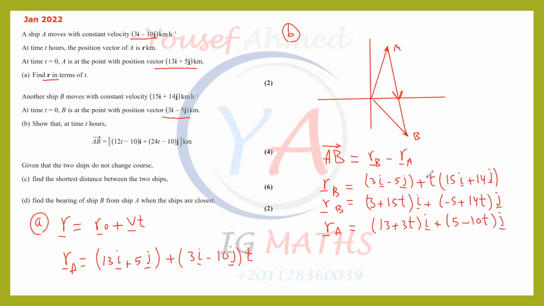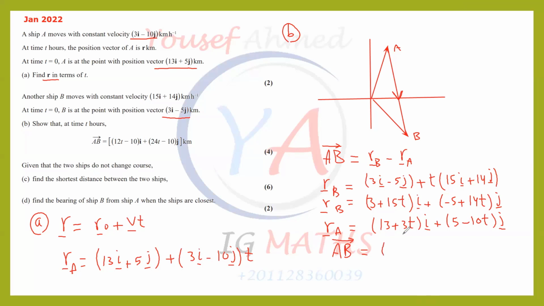So to get AB, as we said up there, you subtract the position vector of ship A from the position vector of ship B. So it will be 3 plus 15t minus 13 plus 3t.